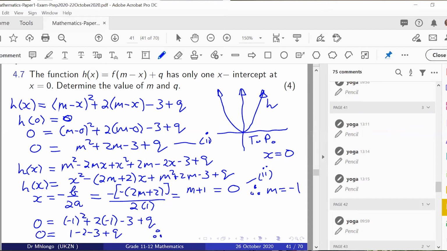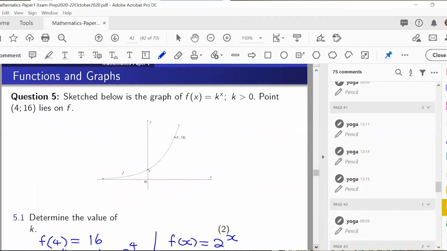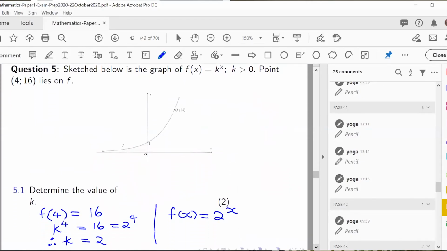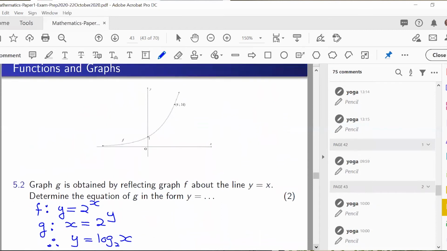And we can conclude that q in this case is 4. We are done with question 4. Question 5 was done in the previous session.